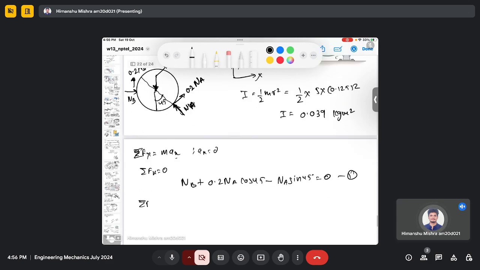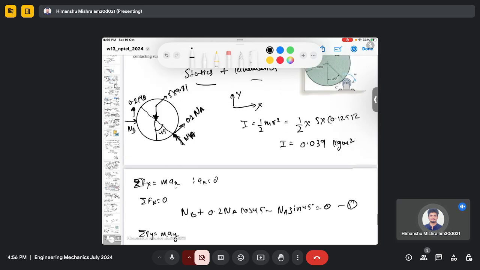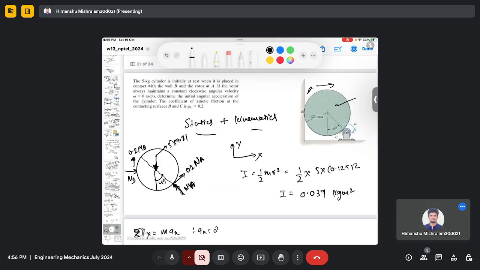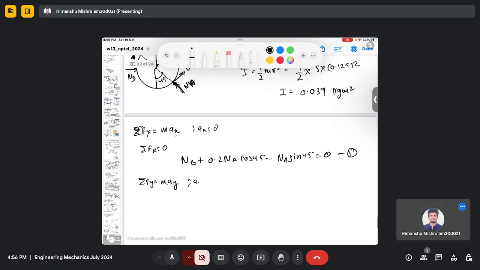If you do the force balance analysis in the y direction, it is m ay. Again there is no translation motion, so this cylinder can rotate due to this, but it cannot perform translation motion, so ay is also 0.